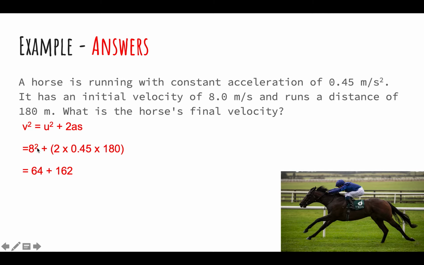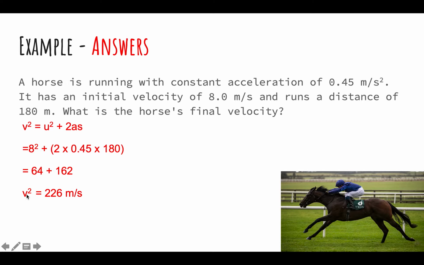Then it would be the indices or the power, that's the I in BIDMAS. So we end up with 162 plus 64. Okay, so if we put that into our calculator, if we add it in our head, we end up with 226 meters per second. Okay, that's our velocity squared.